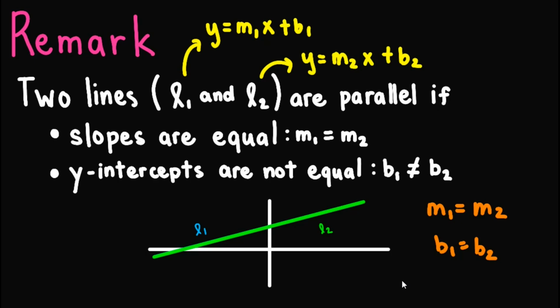The two lines are now on the same part of the graph, or the Cartesian plane. Therefore, all points of L sub 2 intersect L sub 1, so they are not parallel. This happens because L sub 1 and L sub 2 become the same line. If they are the same line, they are not parallel. So the condition that the y-intercepts are not equal is really important.